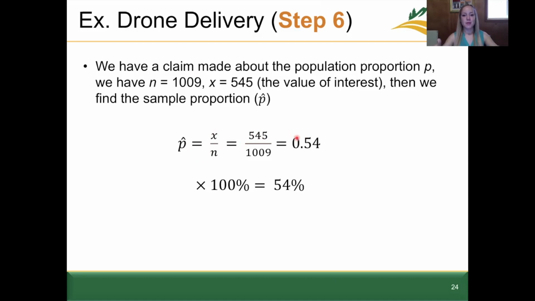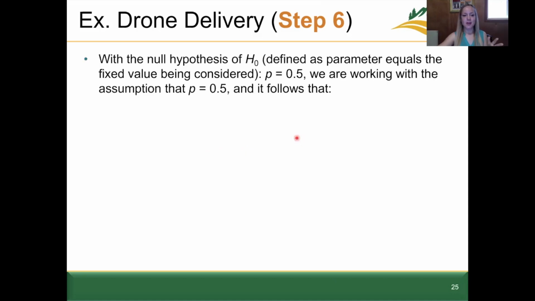Now, keeping in mind what we're doing now is calculating that z-score, we need to figure out all the variables involved in that formula. So let's keep going now. With the null hypothesis, or H0, just as we're getting more familiar with what's H0, what's HA or H1, remember that we define our null hypothesis as the parameter equals the fixed value being considered. In other words, it equals the fixed value of interest.